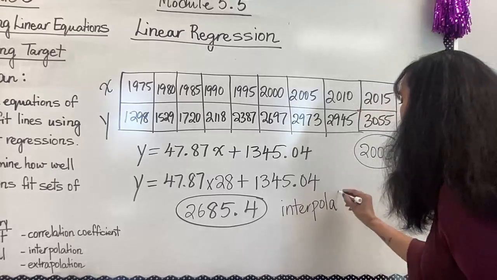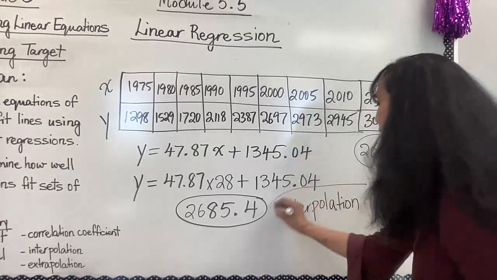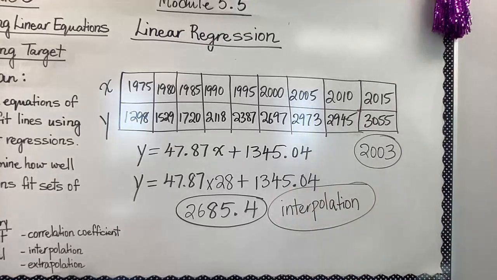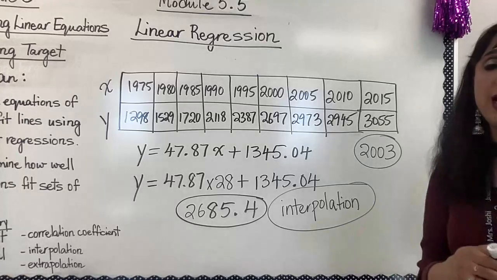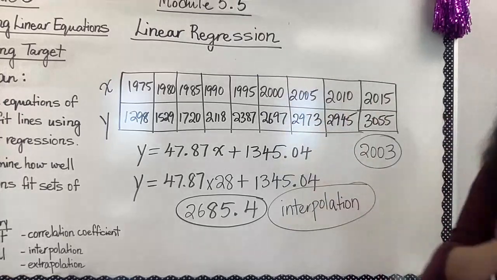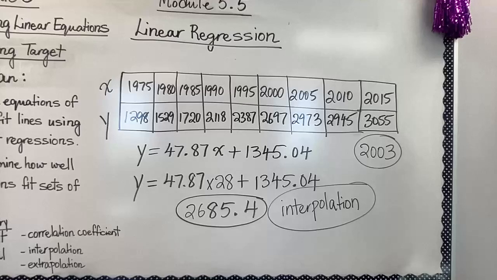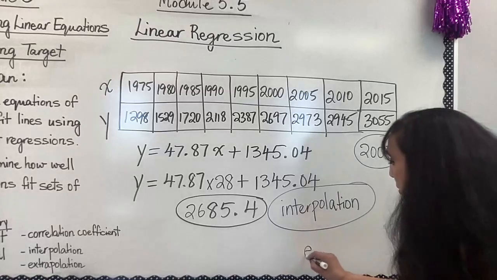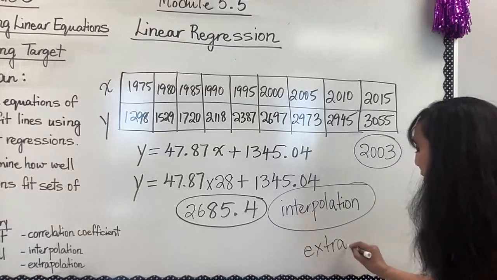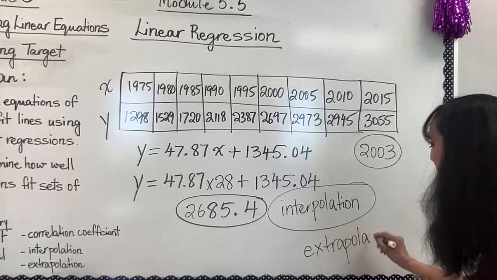The prediction is falling within the given data set. Now, let's use the same data to find an example of extrapolation. What do you think that means?